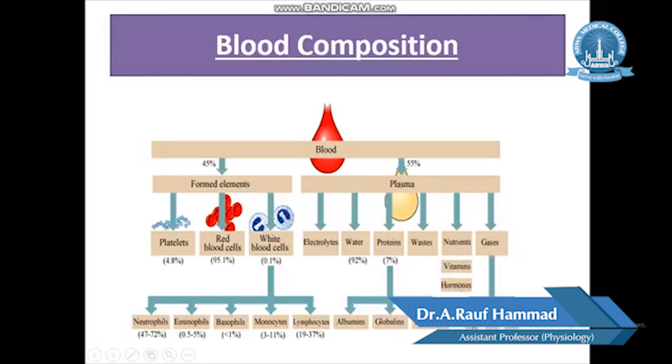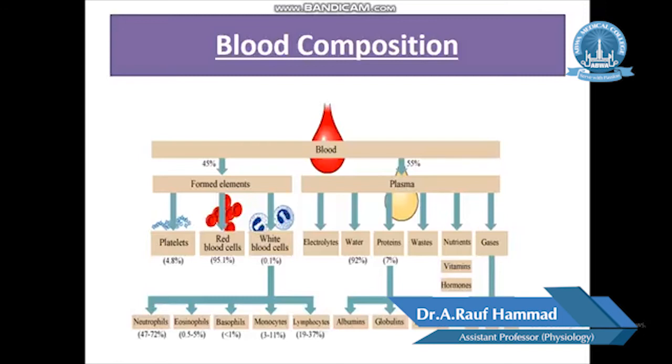Gases are nitrogen, oxygen, carbon dioxide, and among proteins, these three proteins are there. In the formed elements, which are about 45% of the blood, more than 95% are red blood cells. Along with red blood cells, platelets and white blood cells.